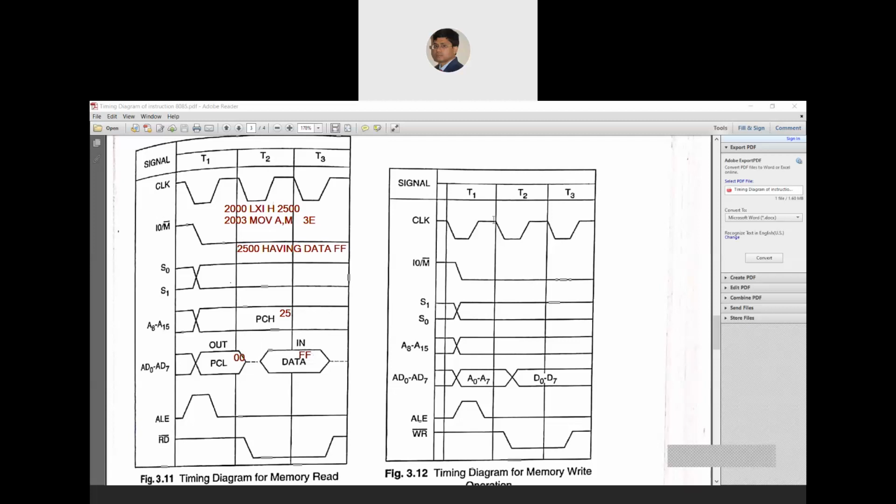Now if I change the instruction, I am taking a different example. First one is LXI H, and then 5000.